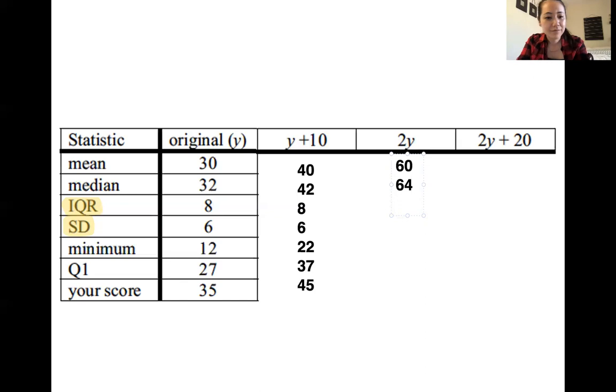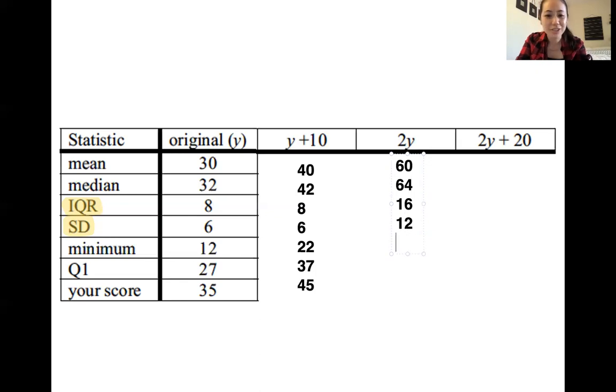16. 16, good. Yeah, everything changes when you rescale or when you multiply. So yes, IQR will change. Clarissa, what about standard deviation? Would it be 12? Good, yes.